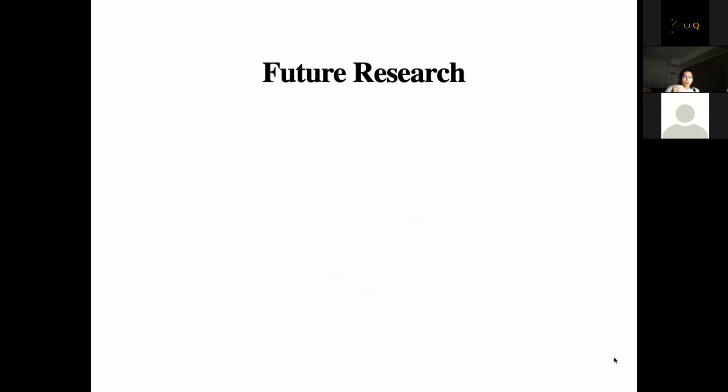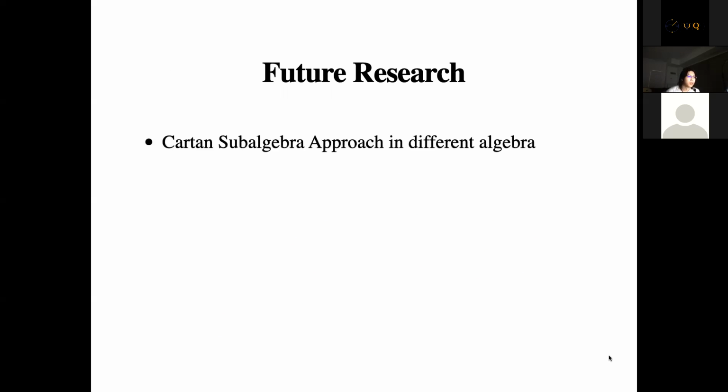So let's talk about future research, because as you can see, Cartan Subalgebra has a lot of future directions to go. First, as I've talked about before, Cartan Subalgebra is flexible: you can apply it on multiple algebras that you may wish to use to represent your Hamiltonian.